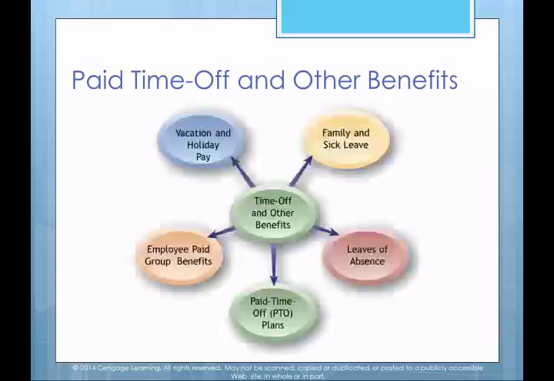Here are other paid time off benefits. Obviously, vacation and holiday pay. Some companies have combined vacation, holiday pay, and sick pay into PTO plans, which is kind of just a bucket for anything that you want to use: holidays, vacations, sick. Family and sick leave plans. Then we've got employer paid group benefits.